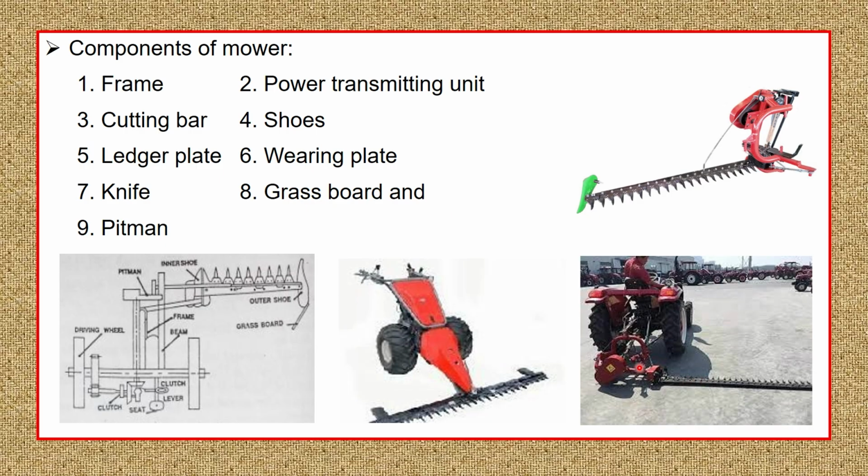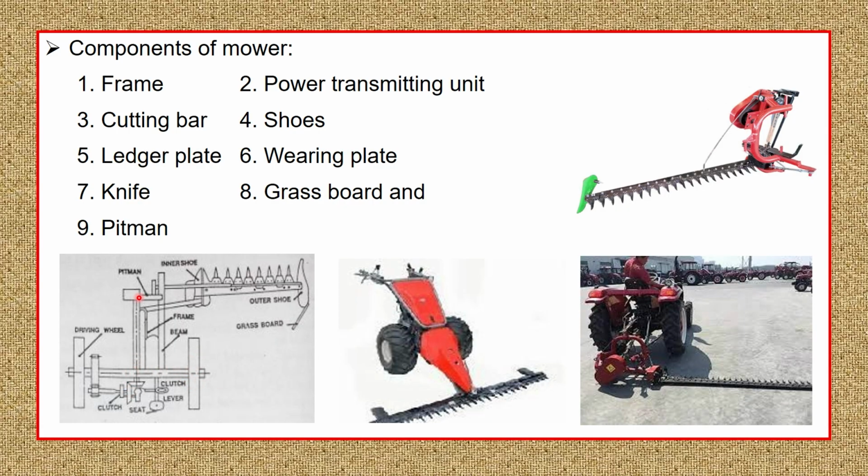Whereas in the case of an animal drawn mower, it comes with wheels, and as the implement is pulled forward, the wheels rotate and generate rotary motion.